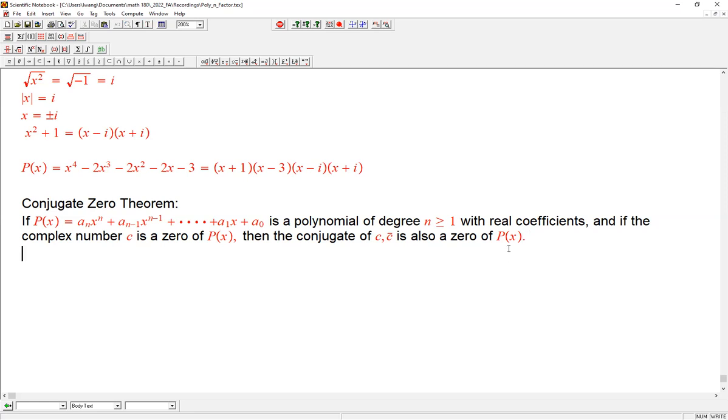Finally, okay, the linear and the quadratic factor theorem.